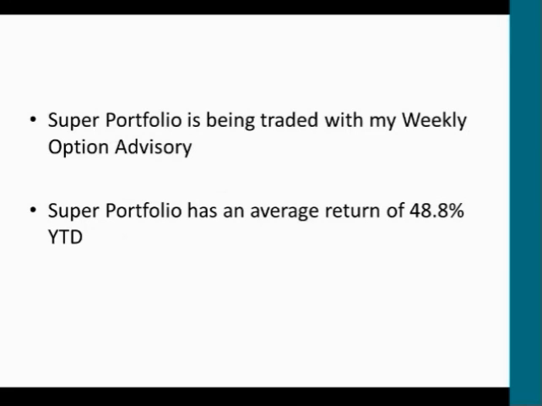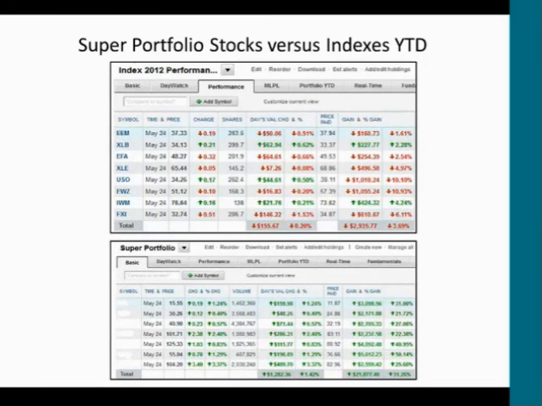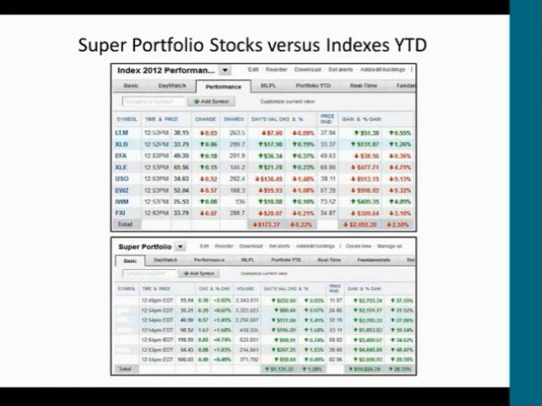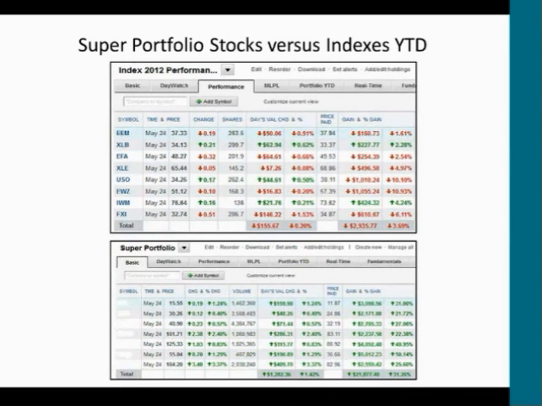So we're trading the super portfolio now with my weekly option advisory, and it has about a 48.8% return year to date. So these are just snapshots I took of the super portfolio versus some indexes, and you can see in this snapshot the indexes for the year were down 3%.